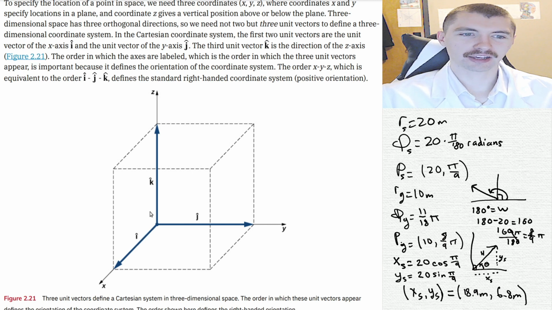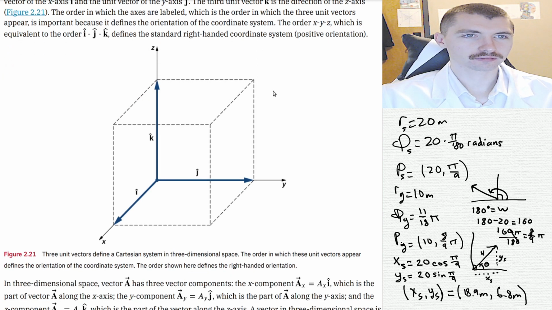So i hat is just one unit in that direction. All right, so x, y, z, i, j, k.